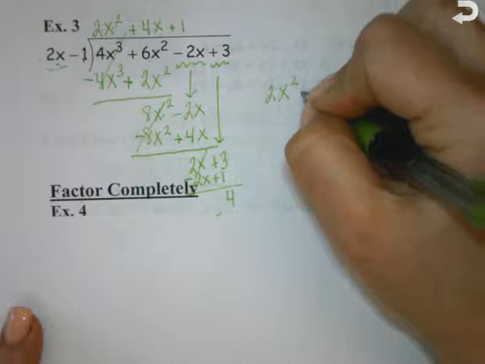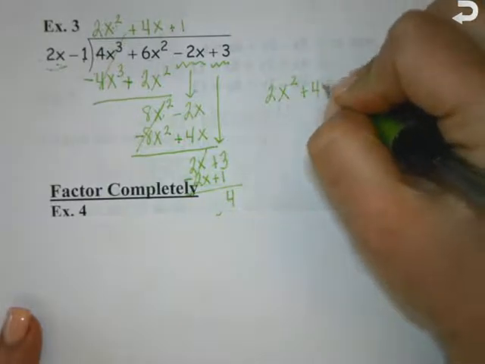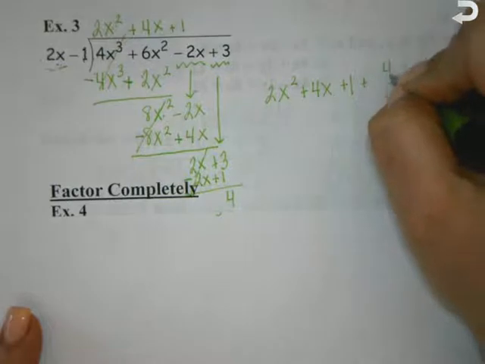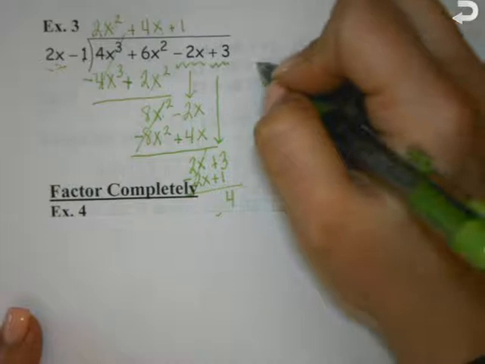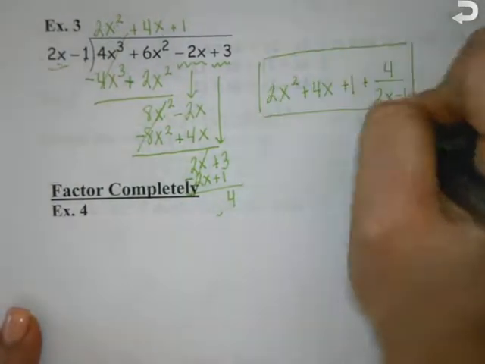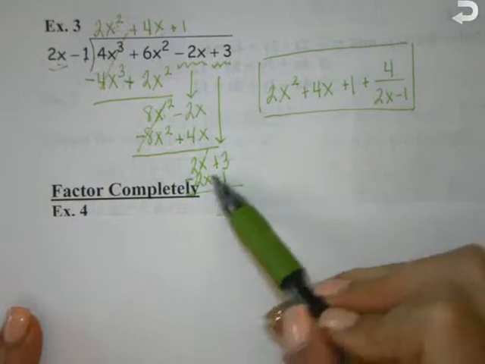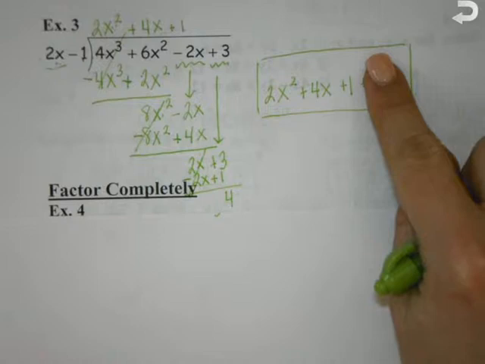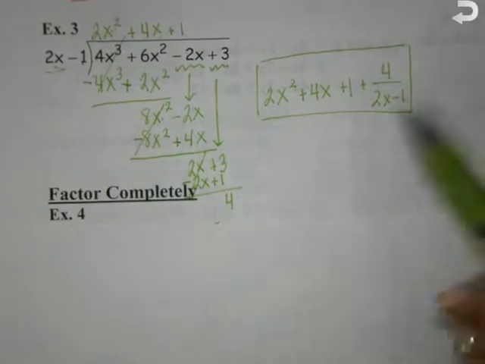So this is 2x squared plus 4x plus 1 plus remainder 4 over 2x minus 1. And that is your answer. If everything ended up canceling out and we had no remainder, you would stop there and you shouldn't get a remainder at all. Okay? If you end up with a remainder, you put it over the outside.